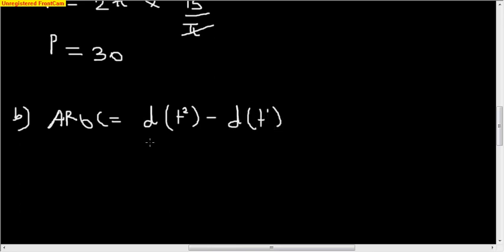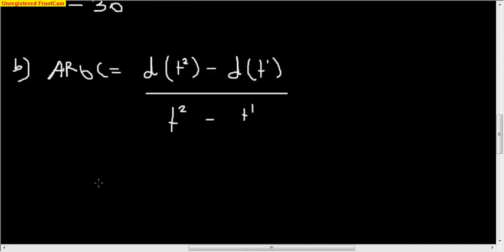So it's basically like y2 minus y1 over x2 minus x1. So this is the AROC equation for finding the average rate of change for this equation. Now we know the t values, which are 10 and 5, but we don't know the values for d, the distance.